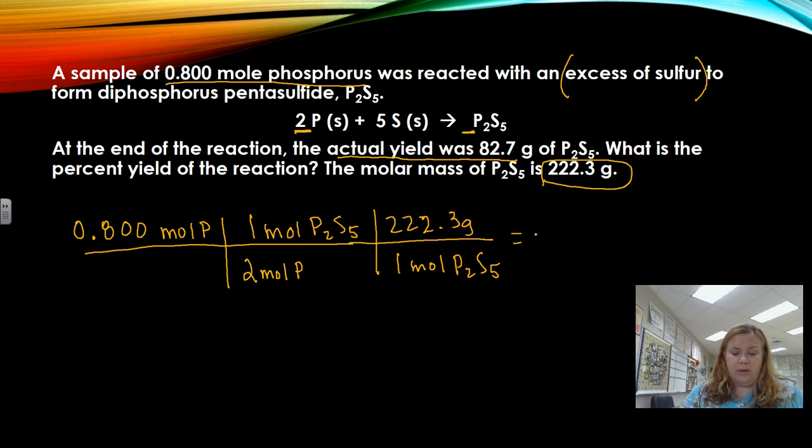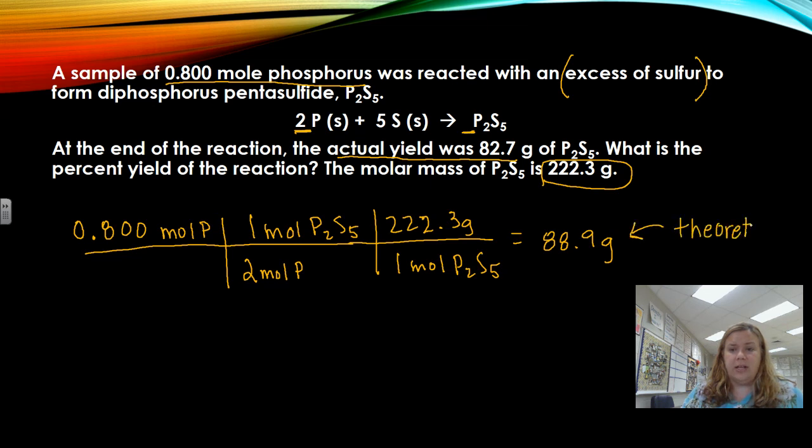So we're going to figure out theoretically how much should be produced, and compare that to how much actually was produced. So we'll take 0.8 times 222.3, and divide that by 2, and we get 88.9 grams. This right here is our theoretical yield.